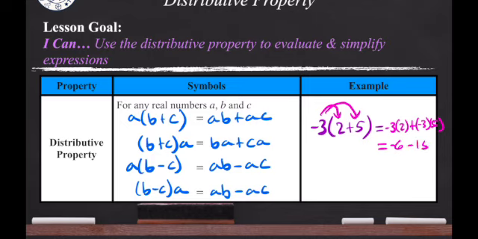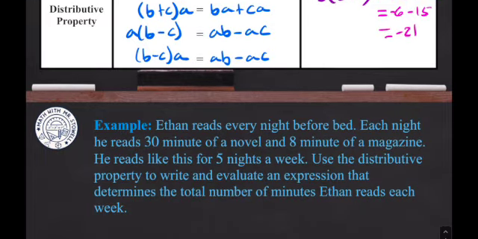So in other words, this would be negative 6 minus 15, which gives us negative 21. That's one way we could do it. Remember, we could have also done the 2 plus 5, which gives us 7, and 7 times negative 3 is negative 21. Both ways work. But the distributive property can help us to simplify a few nastier numbers, which we're going to see here in a moment.